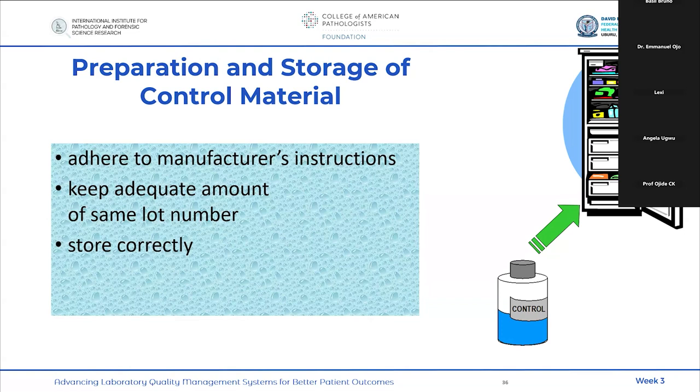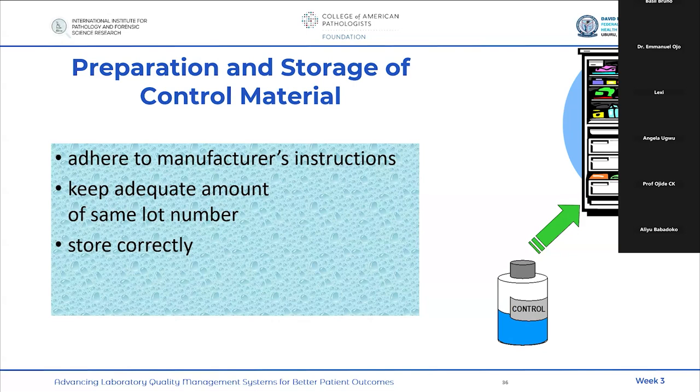The second point that talks about keeping adequate amount of same lot number will be that for each batch or for each lot of QC that you get from the manufacturer, you need to run it. We are going to see the process and get the laboratory running mean, the laboratory running standard deviation, the laboratory coefficient of variation, to be sure that you are getting the manufacturer's claim.